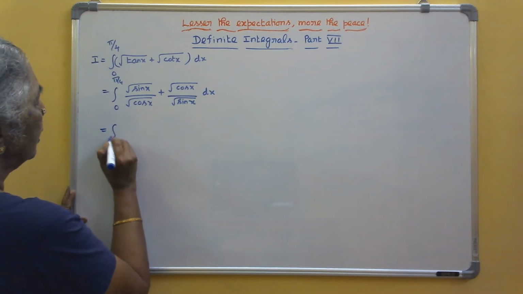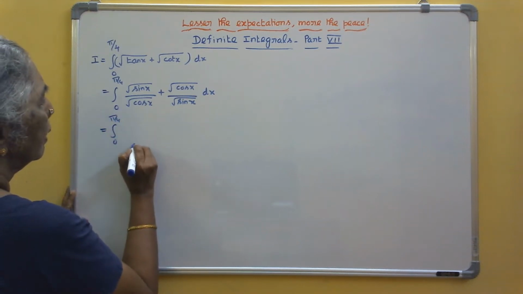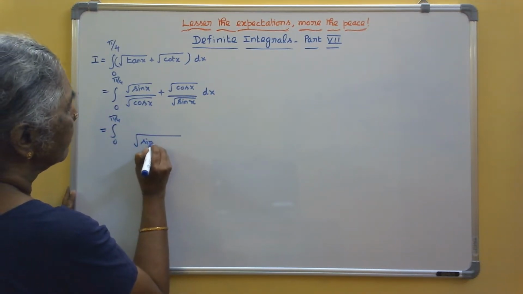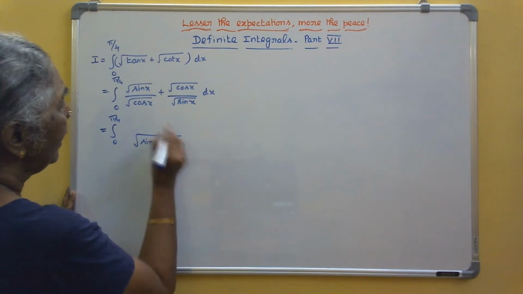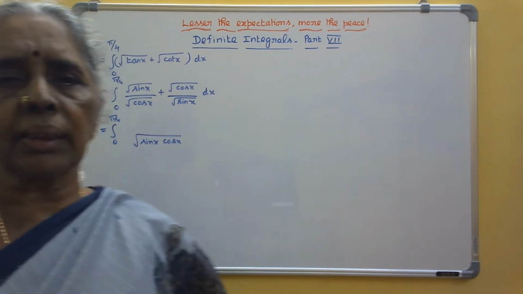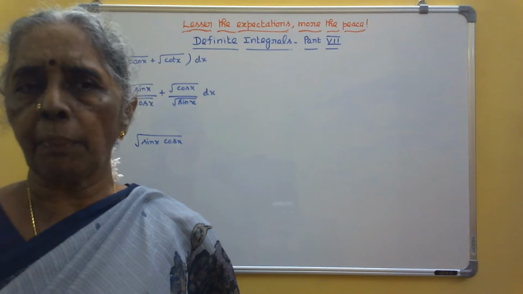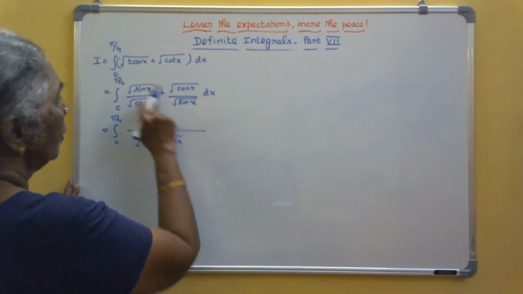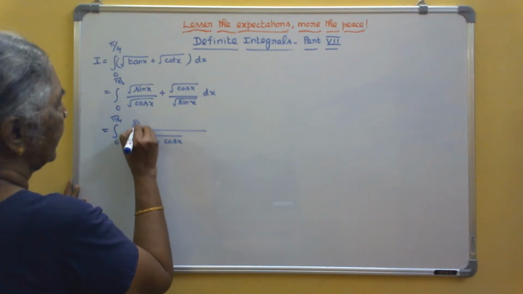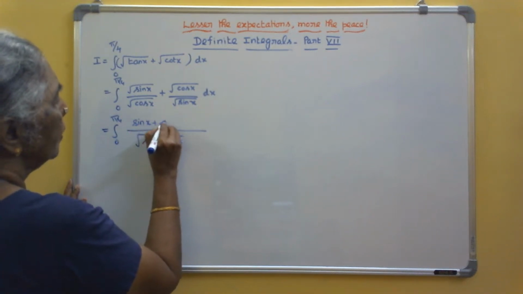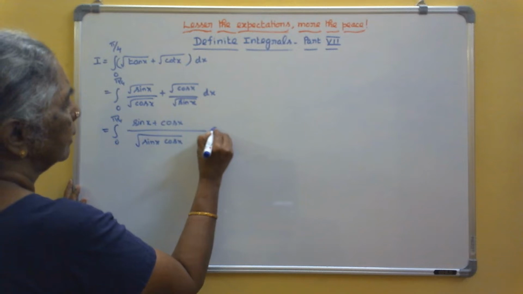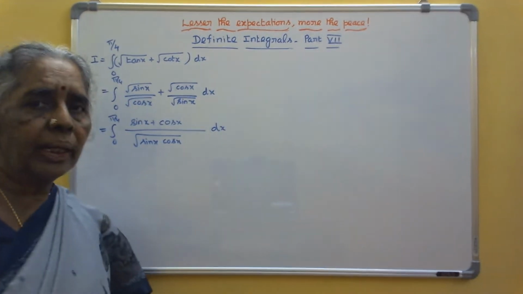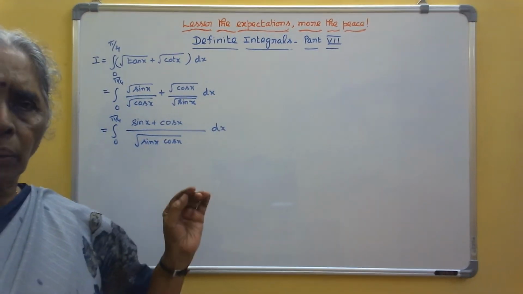So now the LCM will be, within root you will get sin x cos x. Okay. Because root sin x into root cos x is root sin x cos x. Multiplication you can combine under one root. Now here you will get root sin x into root sin x. So you will get sin x. Here you will get cos x dx. Okay. Up to this you can do easily.